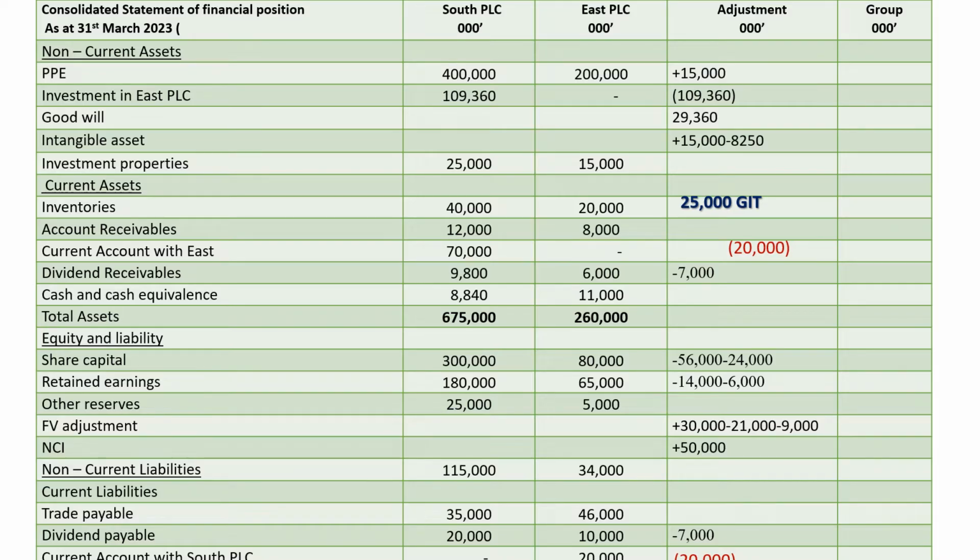So, there is a difference of 25,000. That is 70,000 minus 25,000 minus 20,000. So this is recognized as goods in transit, and we have to add it to the inventories in the consolidation.